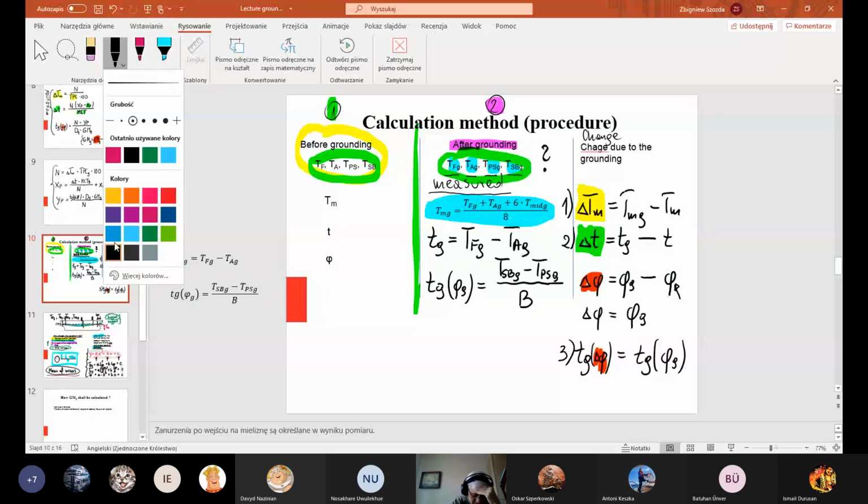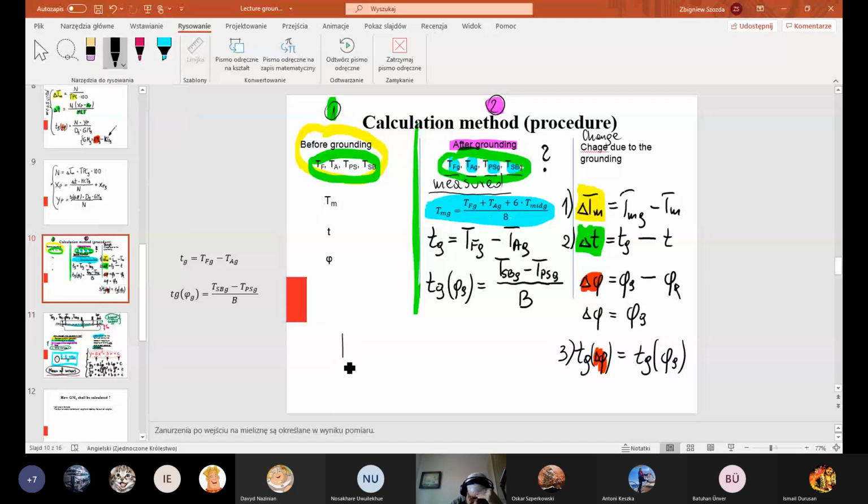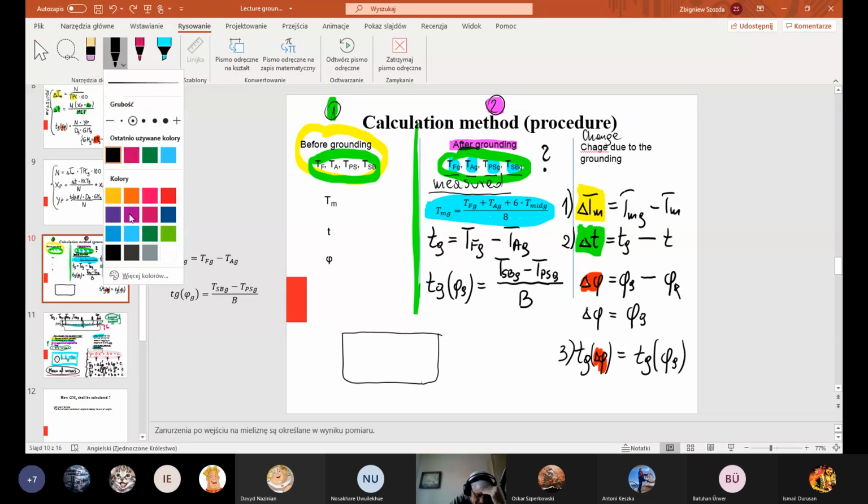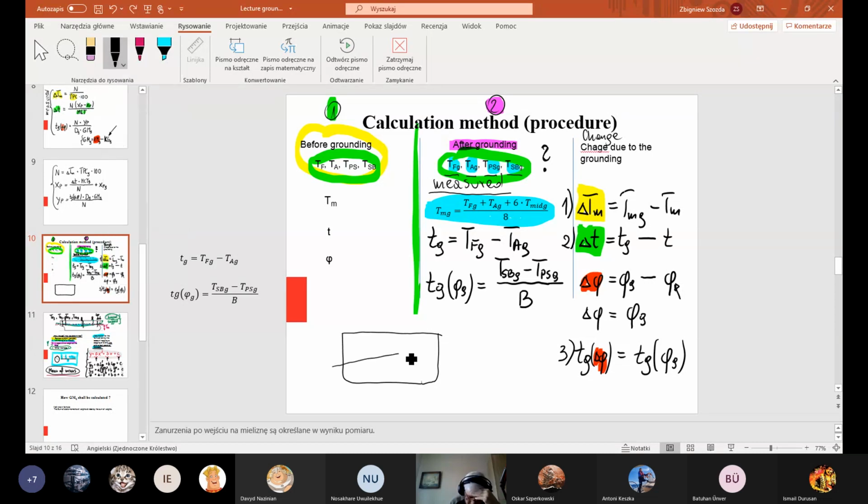If I have to put a drawing that defines the last formula, I think the drawing could be like that. Angle of heel, maybe a bigger one. Okay, angle of heel, let's say like that. Central line, and we need to calculate the angle of heel.